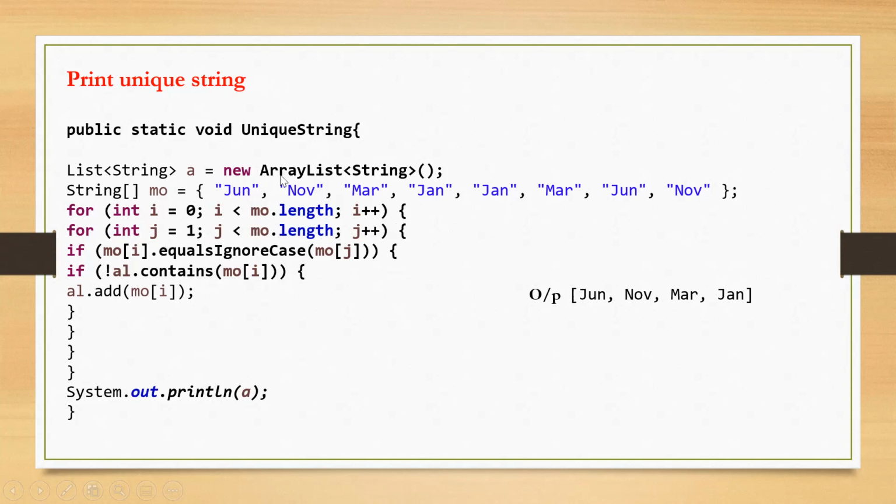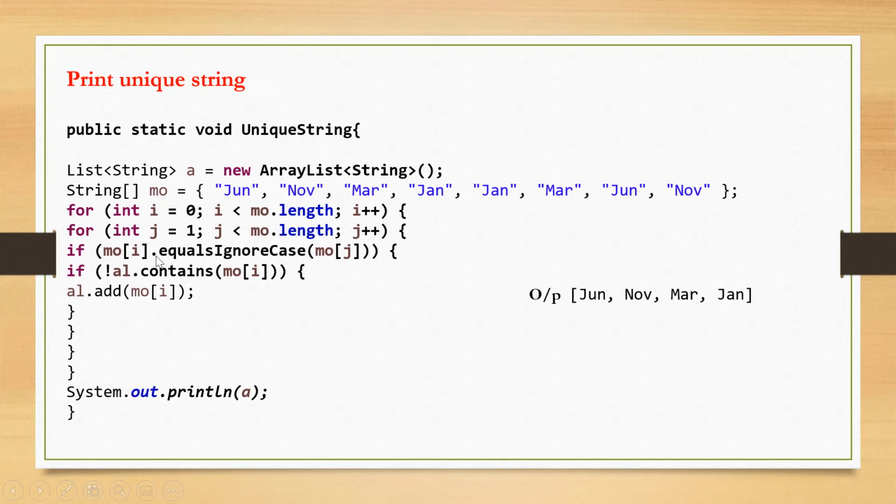Let us assume in the first iteration the index is here, and inside that, the second for loop will start from here. It will check with the help of equalsIgnoreCase whether the first element we have put here, June, let us assume the zeroth index is June and the first index is November, whether they match or not.